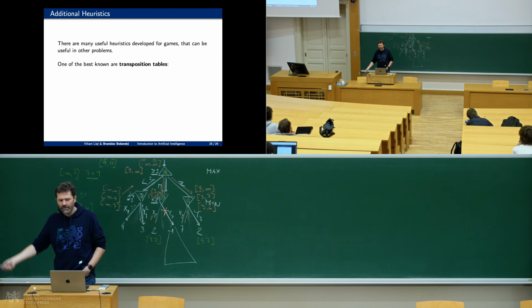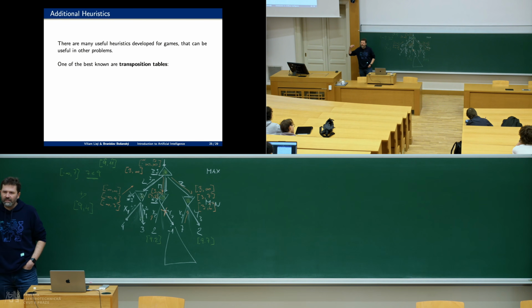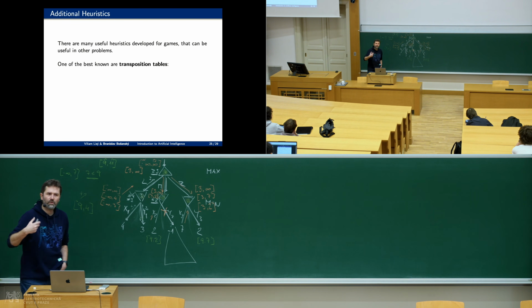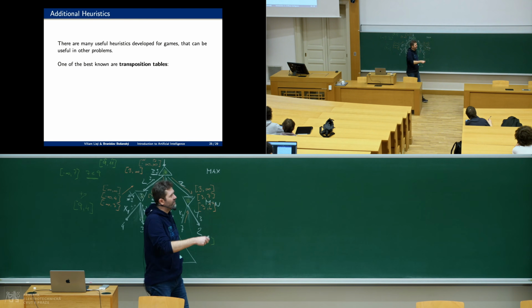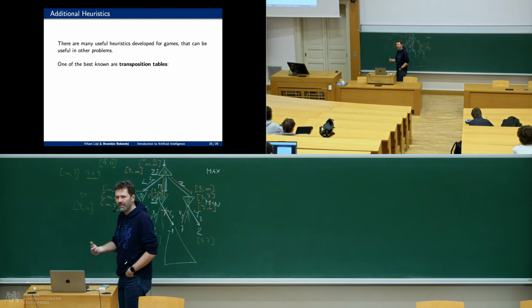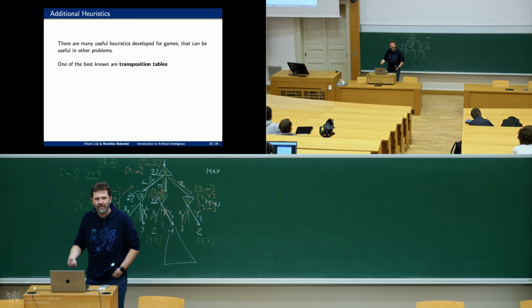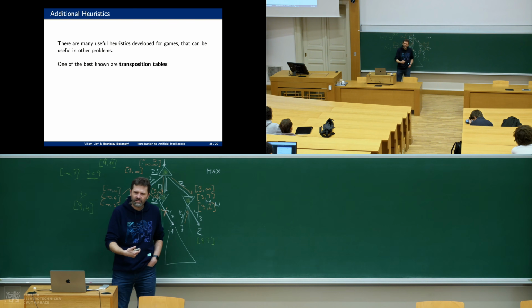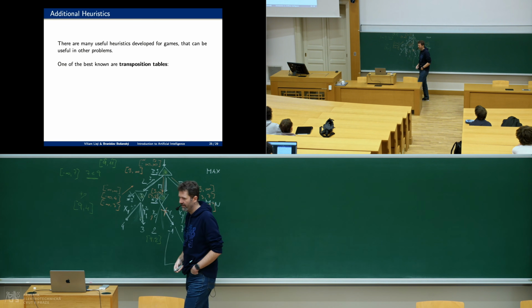However, it's also good to store that value, for example, with the bounds with which you computed it, or with the depth to which you have explored from that particular state, and so on. So if you need to use a cache in some more complicated search, look for transposition tables in games, and you will find a lot of tricks from the 50+ years of research in this area.